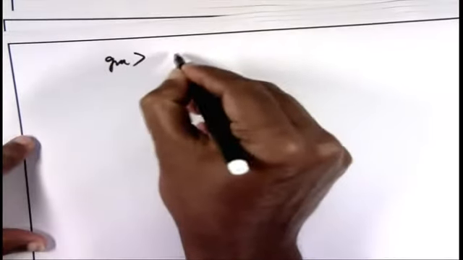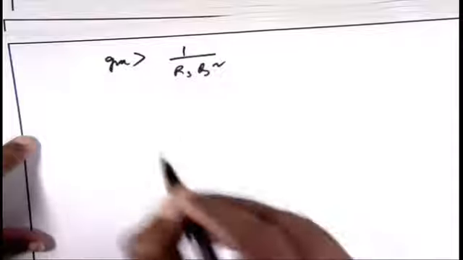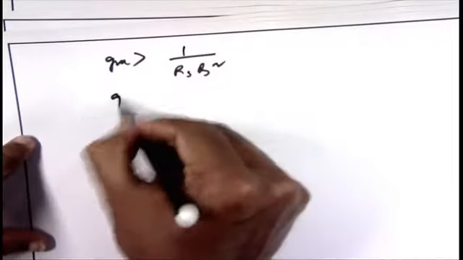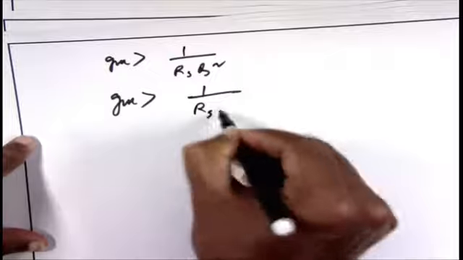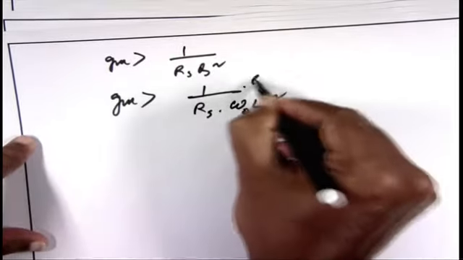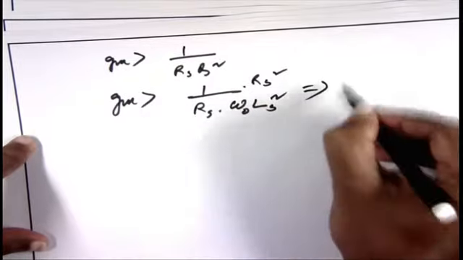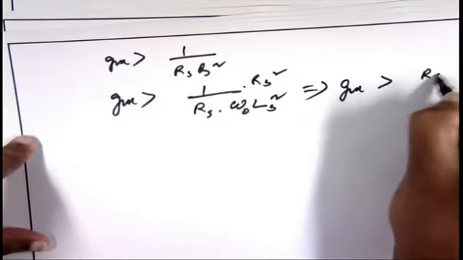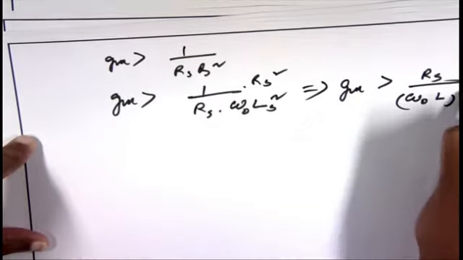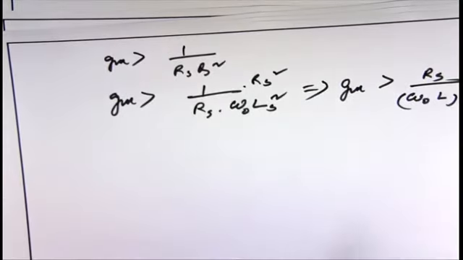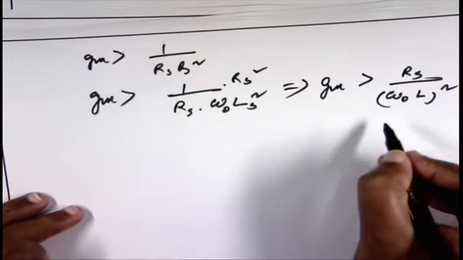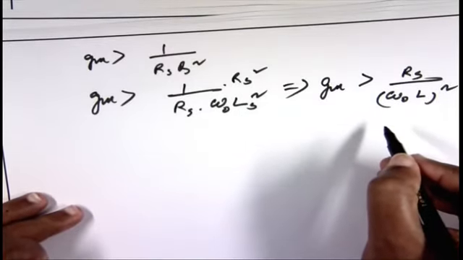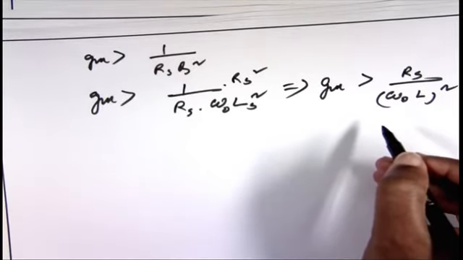So GM should be greater than 1 by RS Q square, and that means GM should be greater than RS by omega 0 LS, squared, where omega is my frequency of operation and LS the inductance. So as you go for a particular frequency of operation, your Q factor also becomes very important.